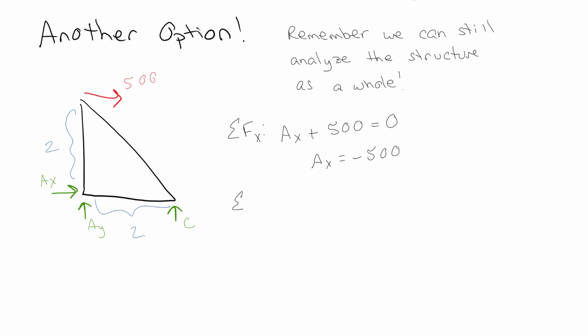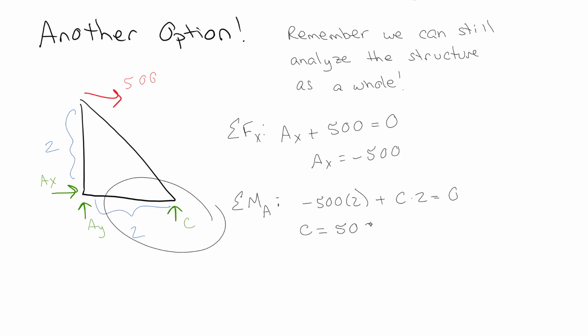I can't do y yet, but let's go ahead and do the sum of the moments about, say, A. That's going to be negative 500 times 2, and then plus C times 2, which means that C is going to be equal to positive 500 newtons.